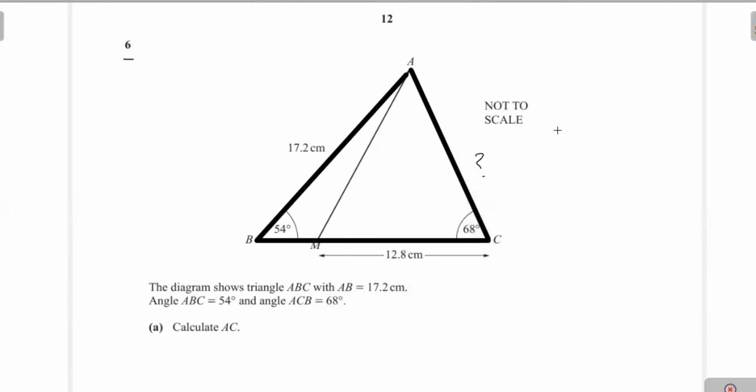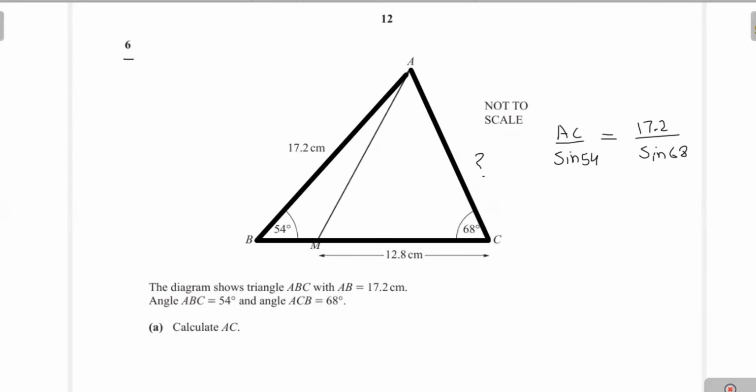In the sine rule, the length AC over the sine of the opposite side angle, this is 54, equals the length 17.2 centimeters over the sine of the opposite side angle, which is 68.